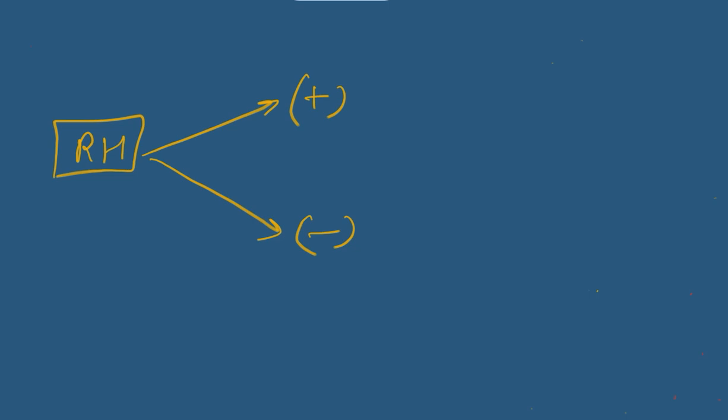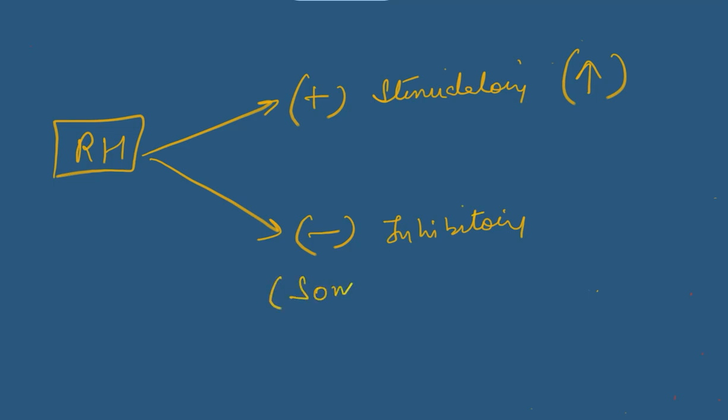Now, these releasing hormones can be stimulatory, that means increase the amount of hormone secreted from the pituitary gland, or they can be inhibitory. An inhibitory example is somatostatin by the hypothalamus, which will cause decreased release of growth hormone from the pituitary gland.